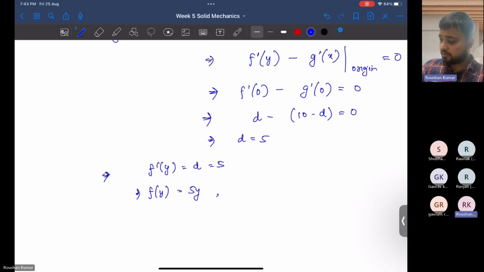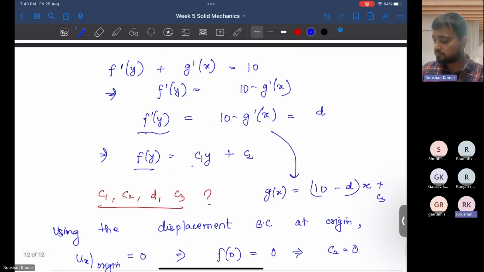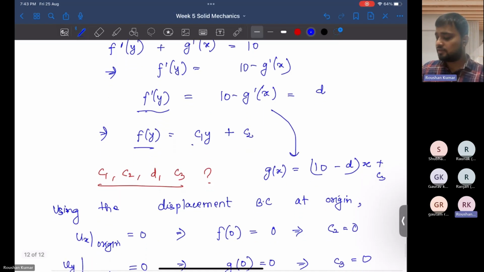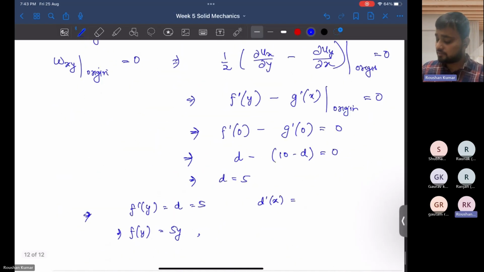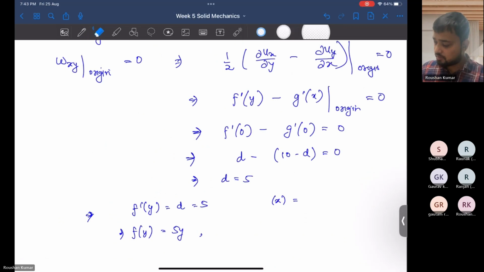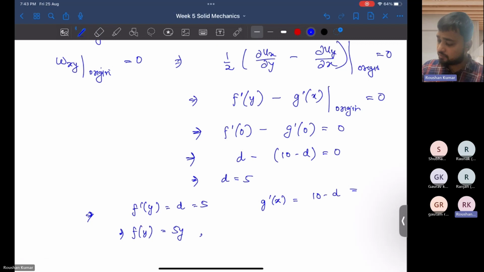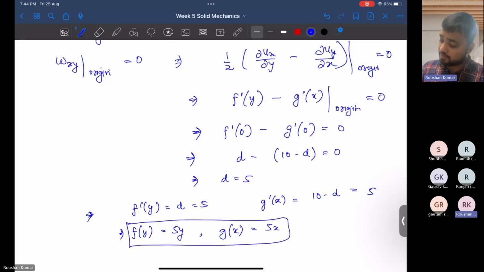Similarly, g prime(x) is 10 minus d, and what is d? 5. So it's basically 5, and g(x) is then 5x. So this is the expression of f(y) and g(x).